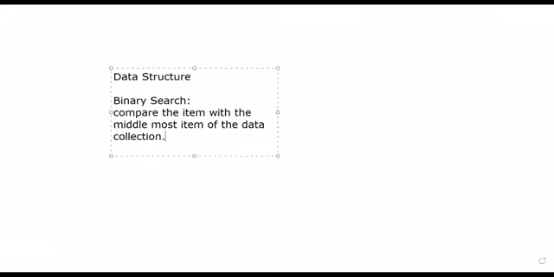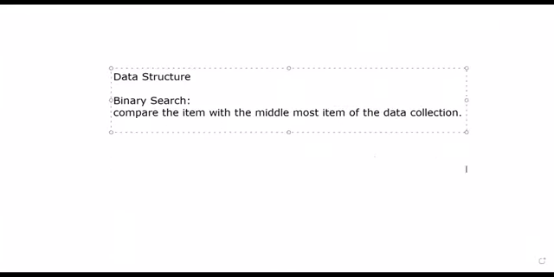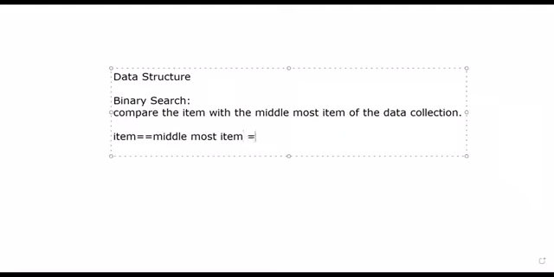Unlike linear search, we are not going to check every item one by one. And if my item matches the middlemost item, we are good with the search.